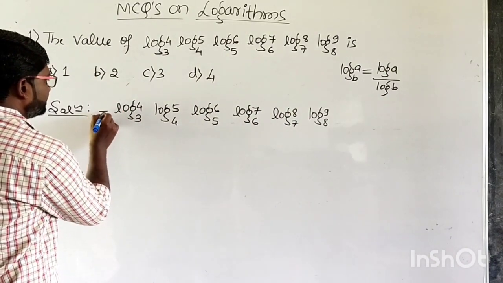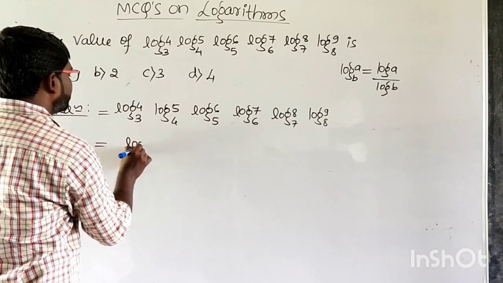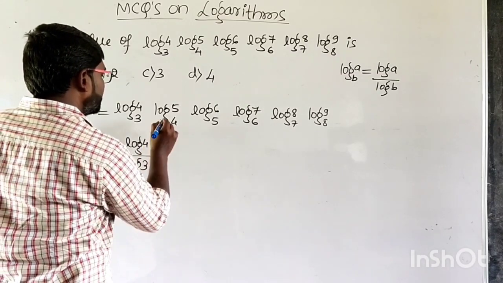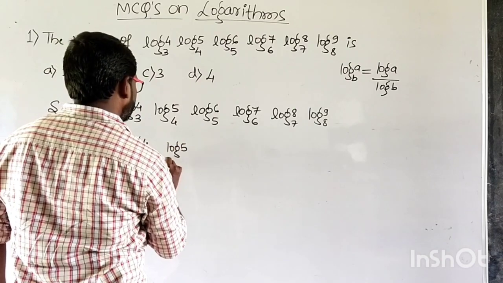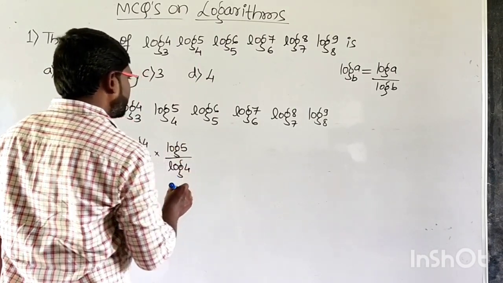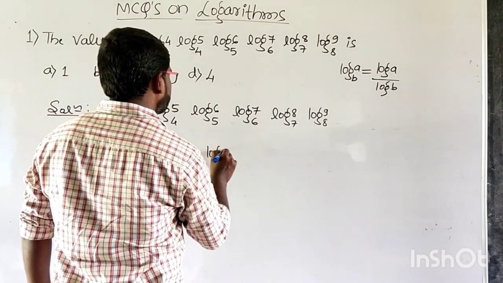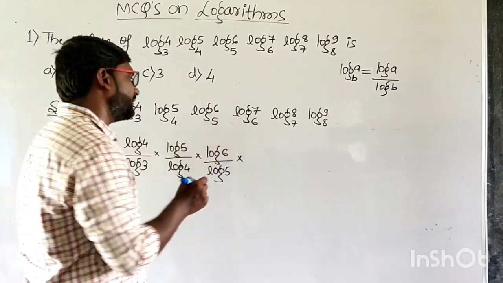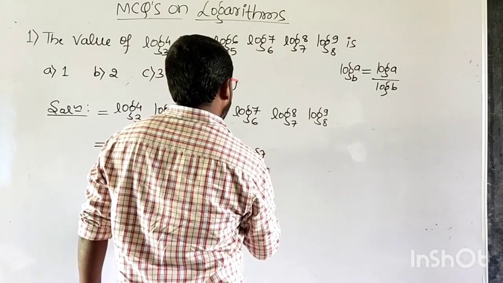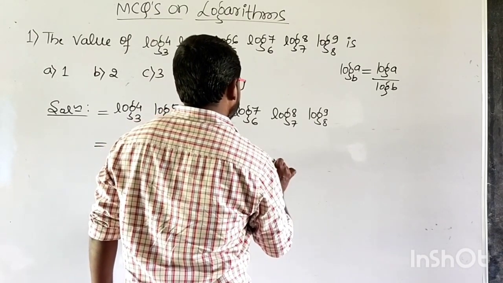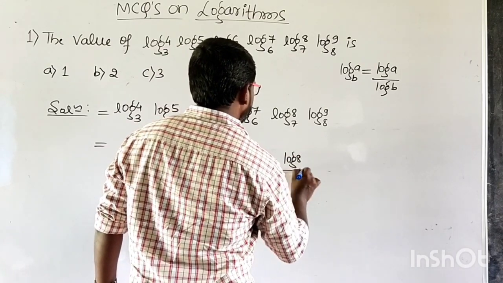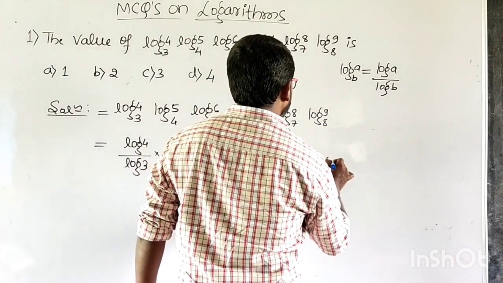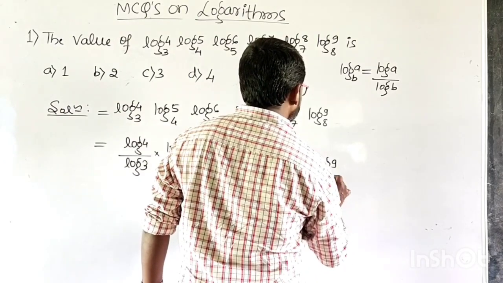So here this becomes log 4 divided by log 3, then into log 5 divided by log 4, then this becomes log 6 divided by log 5, then this becomes log 7 divided by log 6, and then log 8 divided by log 7, then this becomes log 9 divided by log 8.